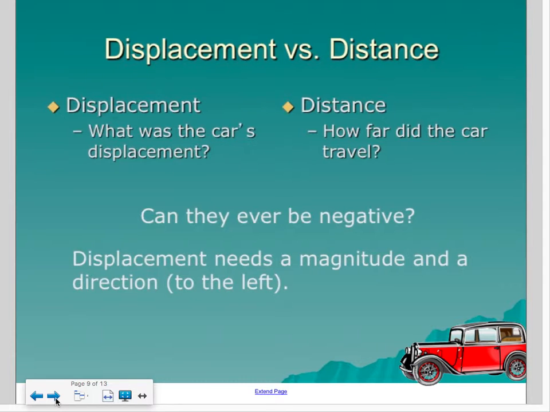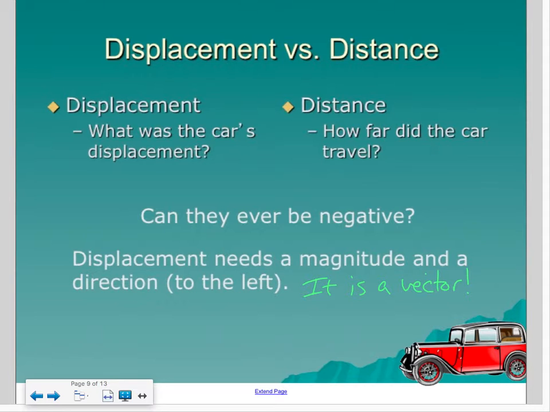A vector. Exactly, good. So the reason why is that it is a vector. And if it's a vector, that tells me it requires both a magnitude and a direction. And if it has a negative direction, so be it. That is a direction.